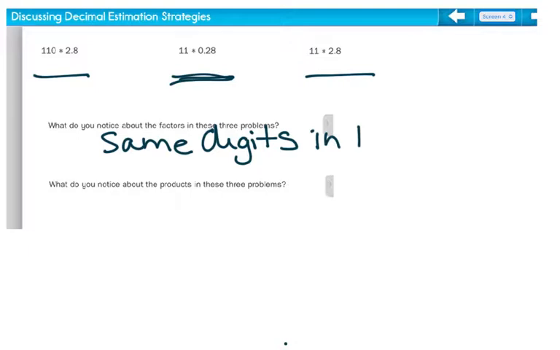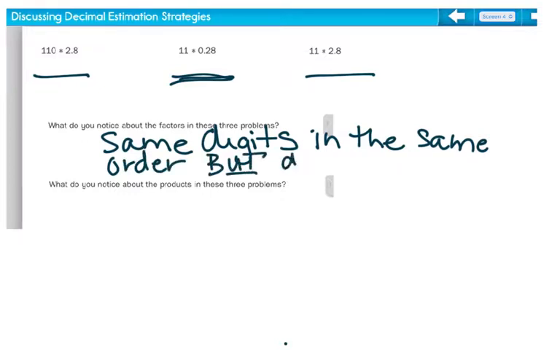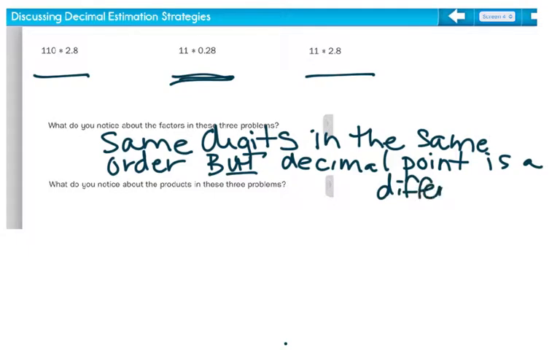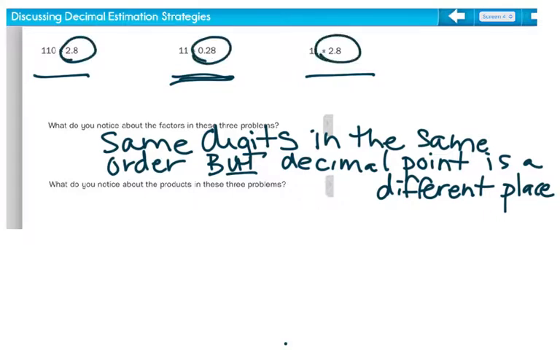In the same order. But the decimal point is in a different place. Two and 8/10, 28 hundredths, 2 and 8/10.